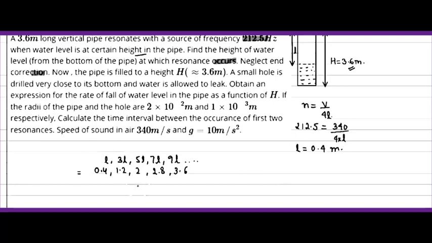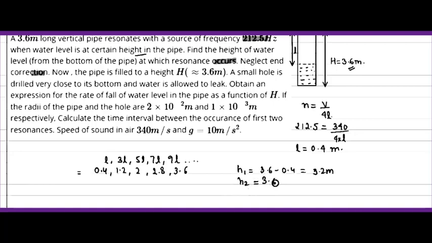So now we can calculate the height of the water corresponding to these lengths. The first height of the water will be 3.6 minus 0.4, which is 3.2 meters. So when the water is filled up to the height 3.2 meters, the resonance will take place. Similarly we can find other heights.